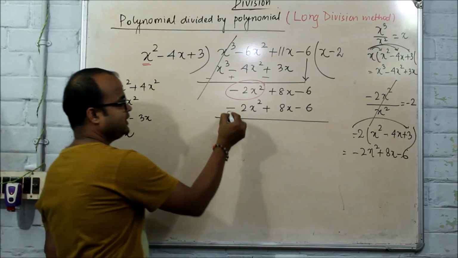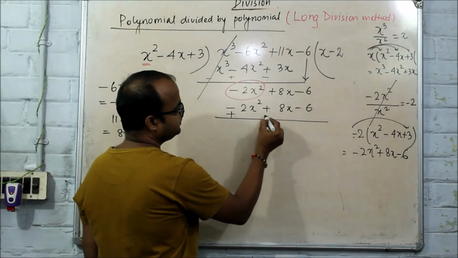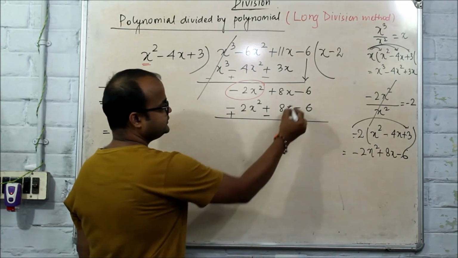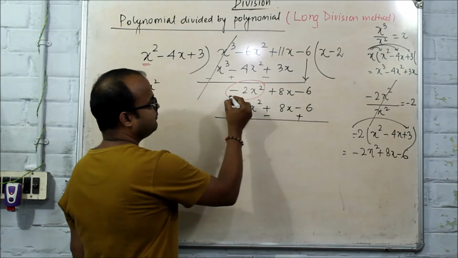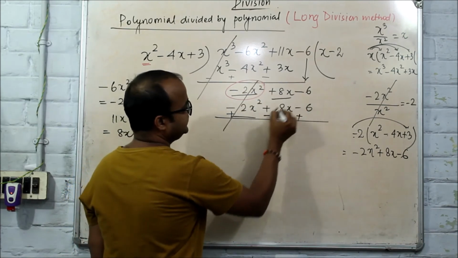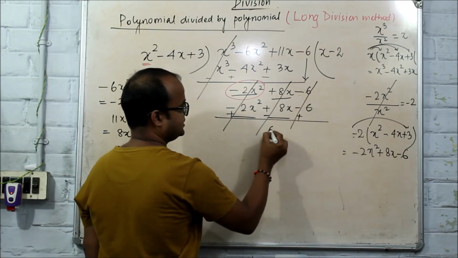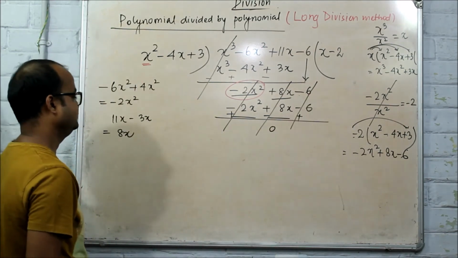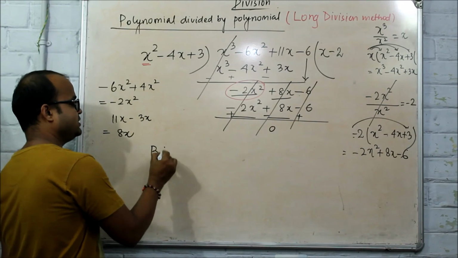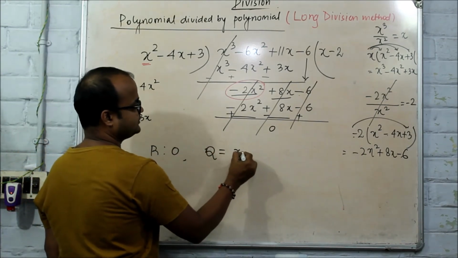Now we will change the signs. Minus 2x square plus 2x square cancel. Plus 8x minus 8x cancel. Minus 6 plus 6 cancel. So here remainder is equal to 0 and quotient is equal to x minus 2.